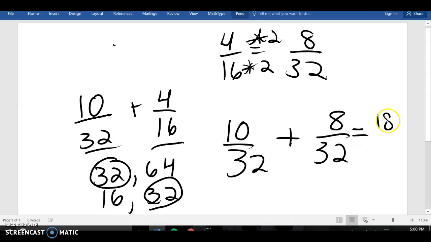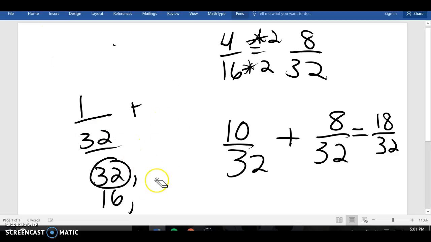We get 18/32 because remember we add the top and we keep the bottom the same. Now we've got 18/32, but that's not in simplest form. So now we need to go back. We need to make sure it is in simplest form. So I'm going to create some space here on my document.